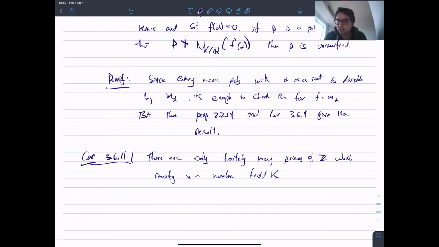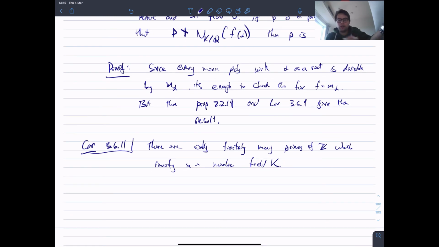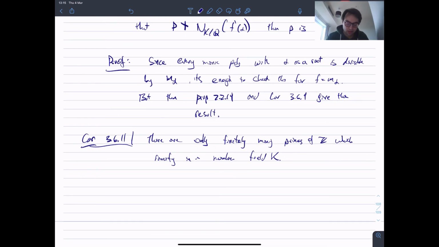And lastly, the last thing I want to do before moving on to how to use all of this for cyclotomic fields is come back to something I mentioned ages ago when I did this splitting of primes in quadratic fields. I told you how to factorize these ideals generated by primes in quadratic fields completely. There was one bit of the theorem which I didn't prove, which is what I'm going to come back and prove now.